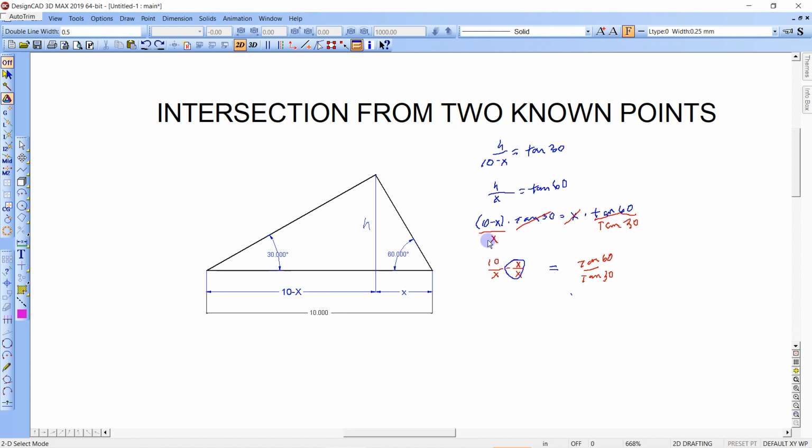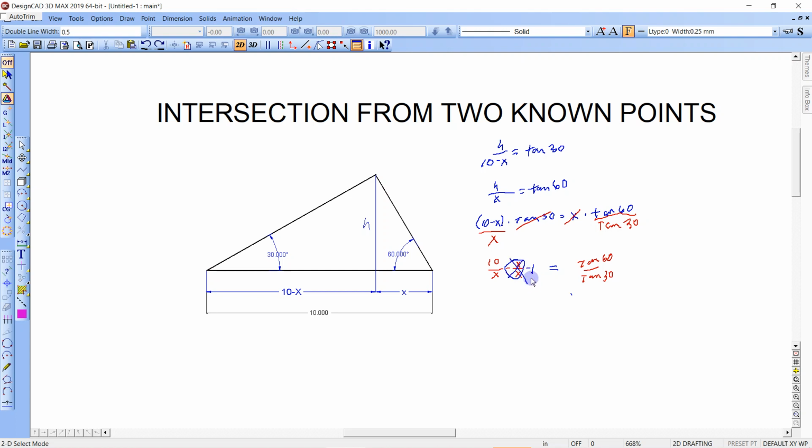And this we're separating, so it's going to be 10 over x and then negative x over x, right? And I circled it because that's just negative 1. Negative x over x is negative 1, right?